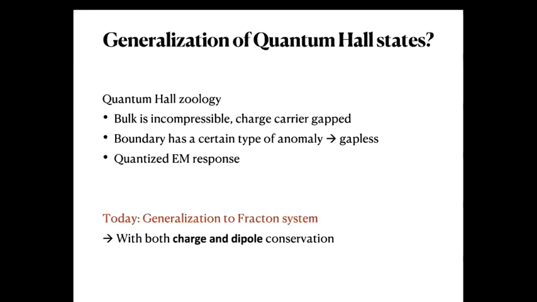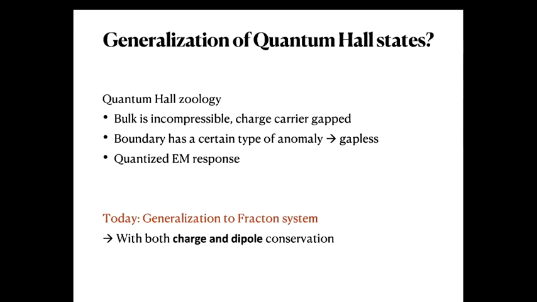So today we want to talk about whether there are any interesting generalizations or extensions of this kind of quantum Hall phenomenon. In a few words, the essence of quantum Hall physics is that we have a strongly interacting system where the bulk degrees of freedom are incompressible and the charge carriers turn out to be gapped.